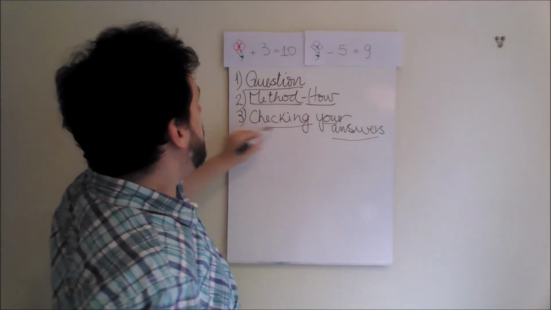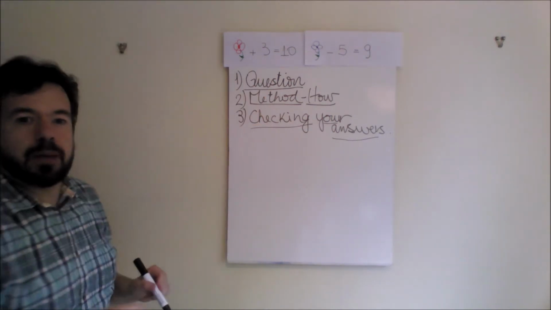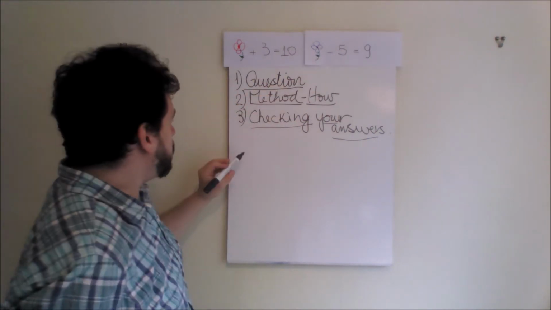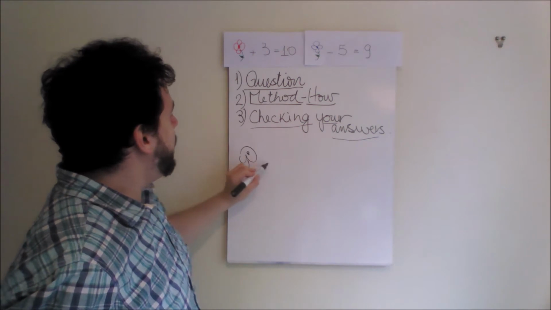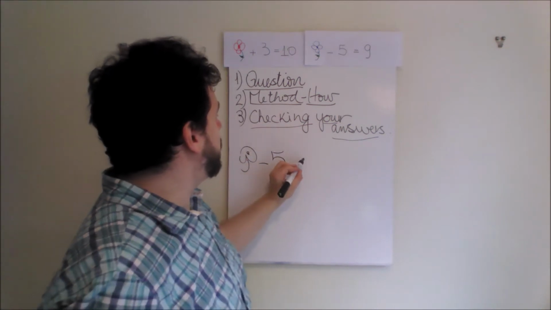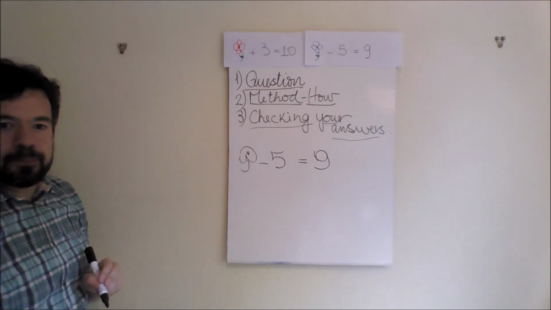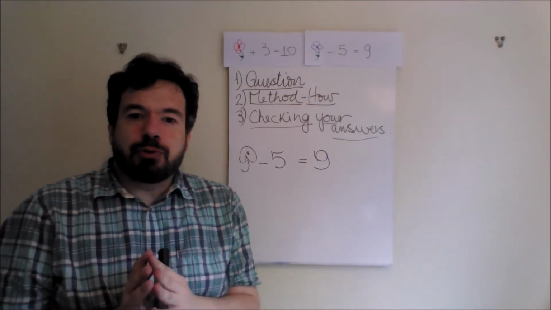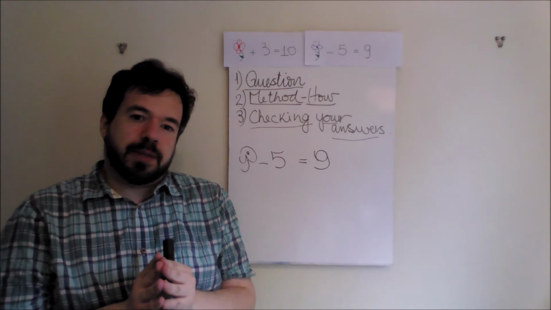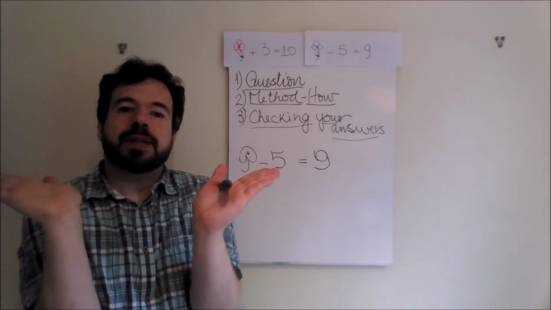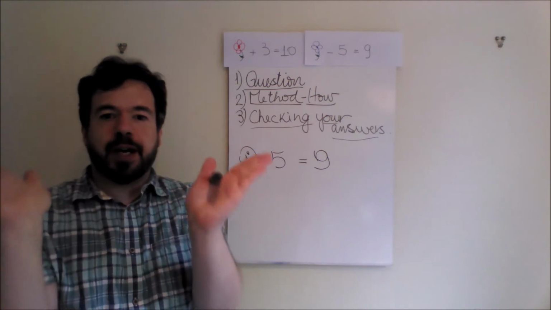All right? So, the first one, a question. What is the question? Let's start solving this one. Which number that taking away 5 equals 9? Now, I like to use a very interesting concept. A scale. An equation is a scale, and you have to balance both sides.